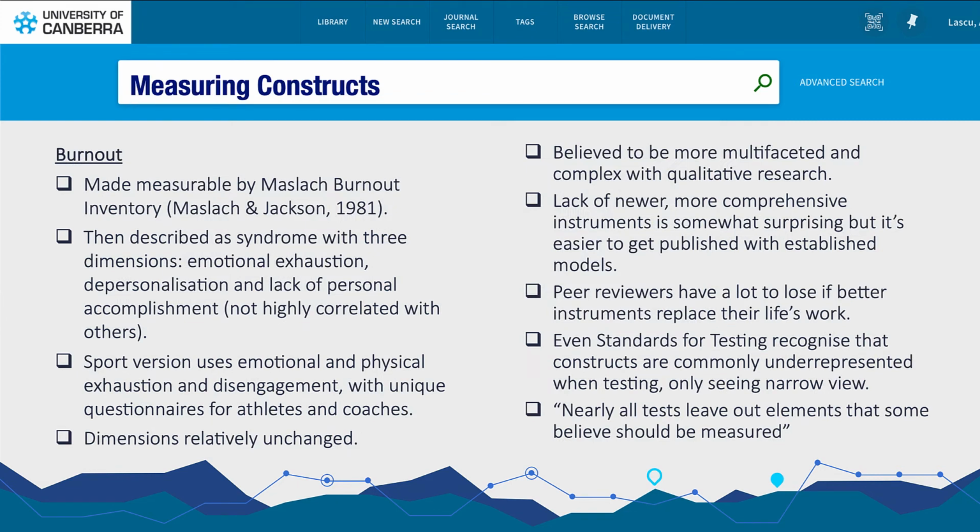Our research paradigm also helps us understand how we go about measuring constructs. And we have two examples here of what measuring constructs looks like. In terms of burnout, this was first made measurable by Maslach and Jackson in 1981 with their burnout inventory.